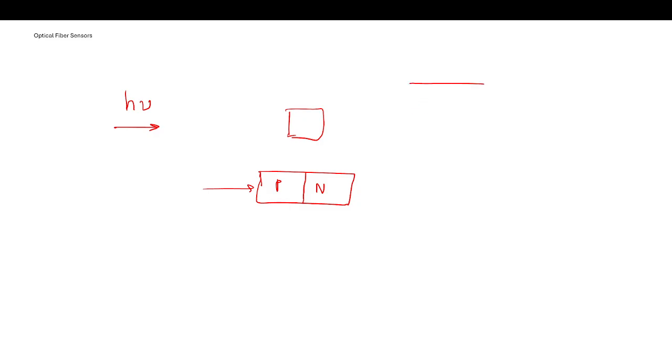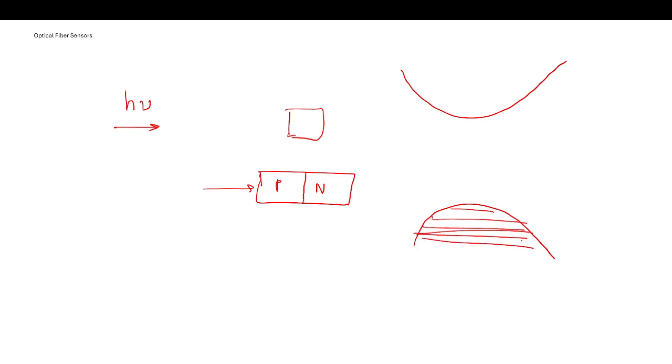If you are moving towards outside, then it will be denser, with vibronic bands and electronic bands. This side it will be denser compared to this.